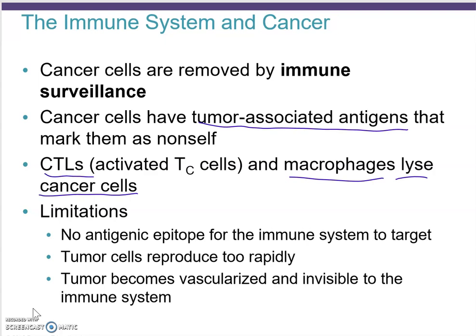Also, tumor cells reproduce very quickly, which makes it hard to keep track of them. And the tumor oftentimes becomes vascularized. That means it makes its own capillary bed and diverts a lot of nutrients and oxygen for its own growth into the tumor area, and that adds to the problem for the immune system to recognize the cancer cells.